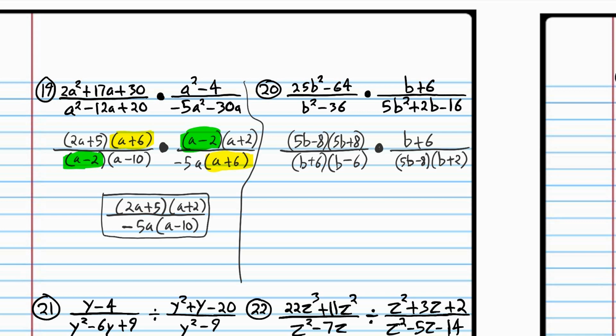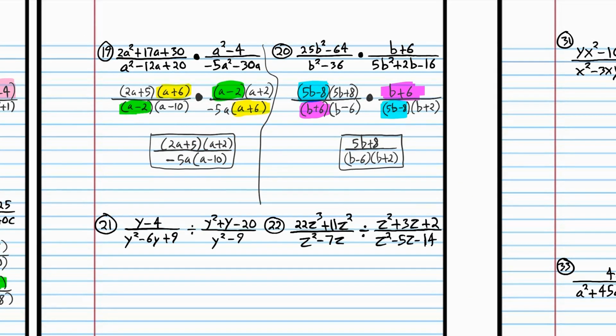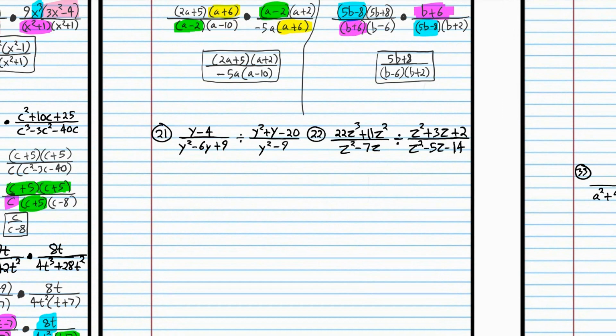Now we just have to cancel out. Multiply straight across. And there you go. So if you got that answer, good job.